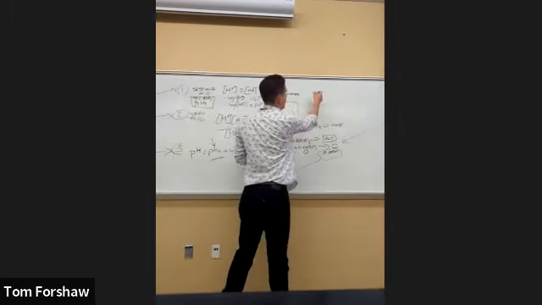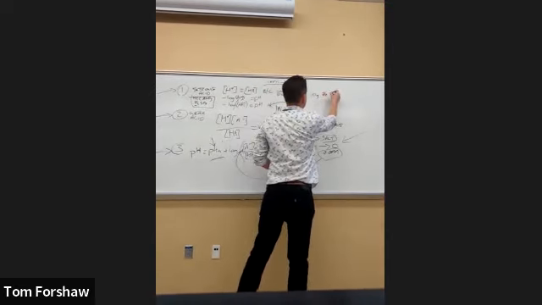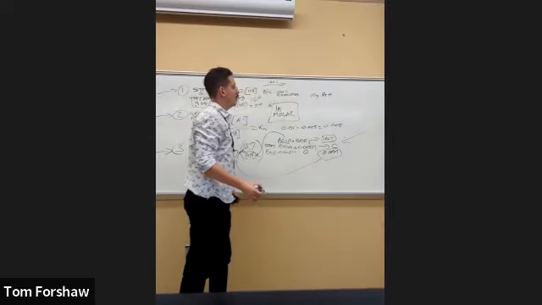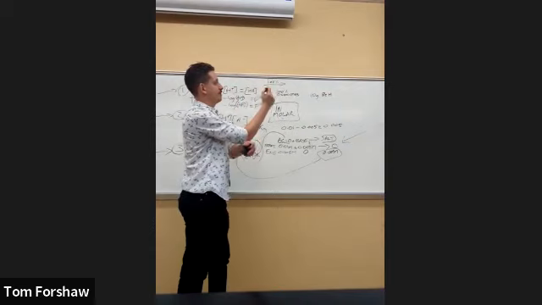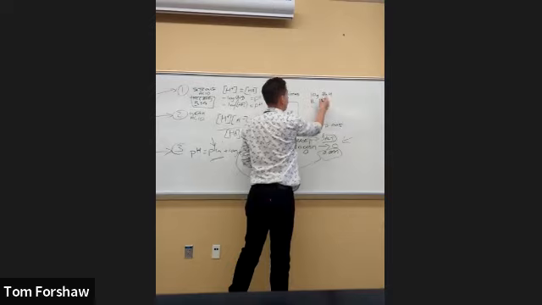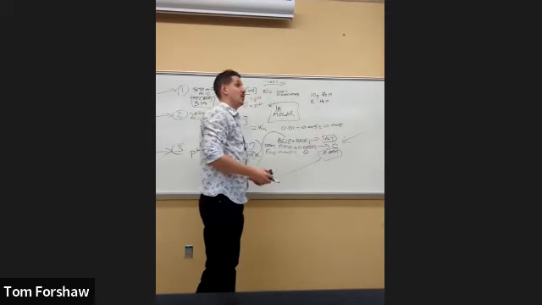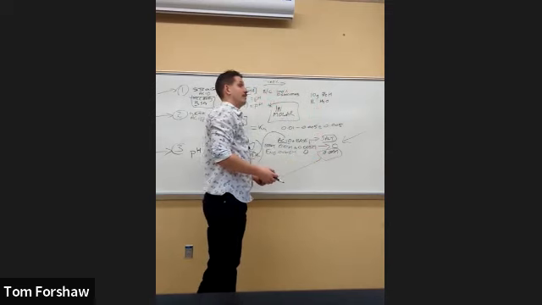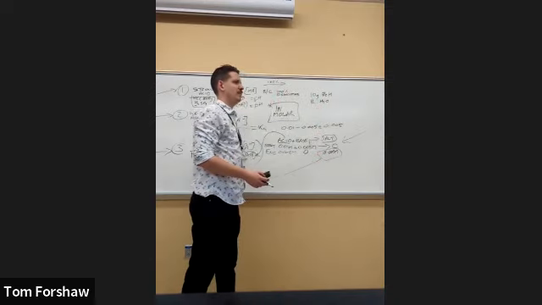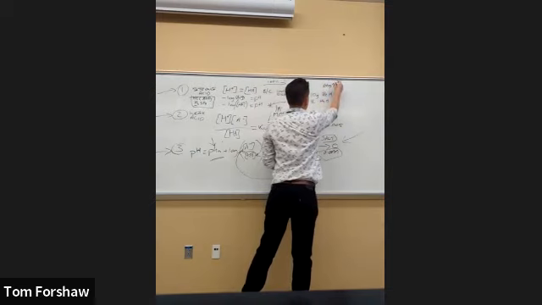I might say, for instance, 10 grams of benzoic acid, I'll just call it BZH, was dissolved in 1 liter of water, and that the molecular weight of benzoic acid is 66 grams per mole.